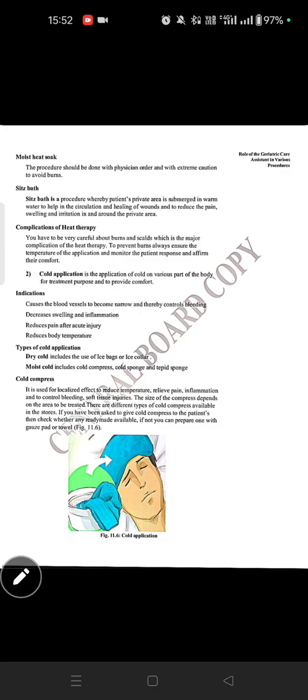Cold compress is mainly to reduce temperature, pain, inflammation, and to control bleeding at an injury site. You can soak a cloth in cold water and give that cold compression to the particular area.